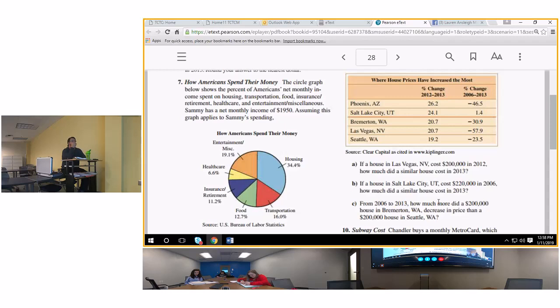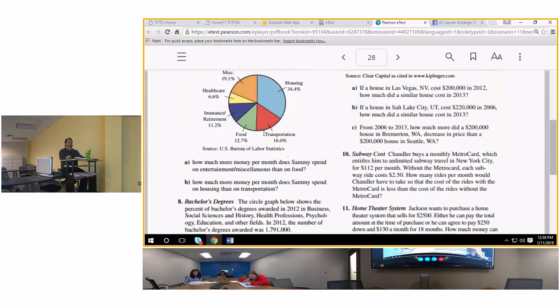That's what he takes home. $1950. Assuming this graph applies to Sammy's spending, they're going to ask how much does he spend on entertainment, how much does he spend on housing, and then on transportation.